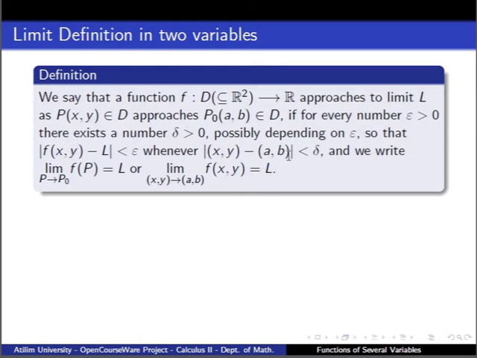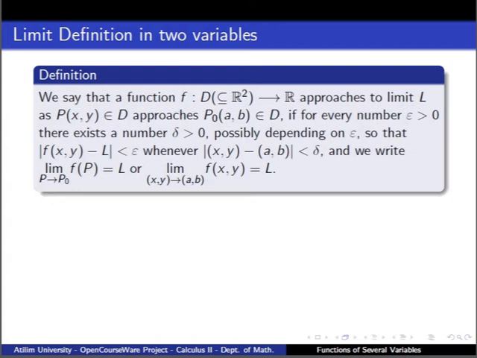Then if you reread this definition, we can say that f of P minus L in absolute value is less than epsilon whenever the absolute value of P minus P0 is less than delta. Then we write the limit in a very similar way.